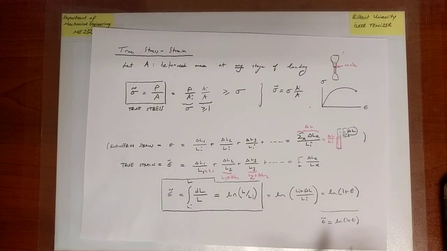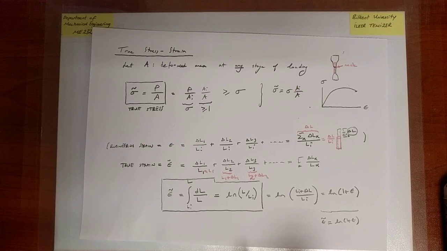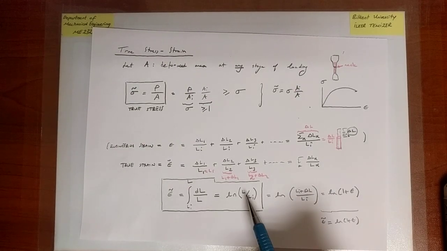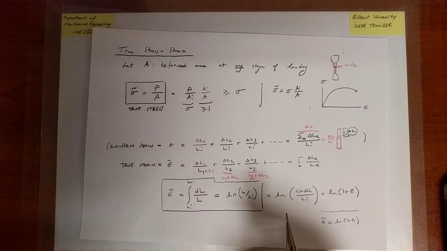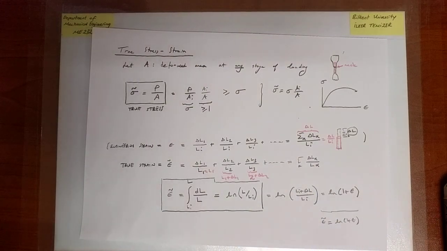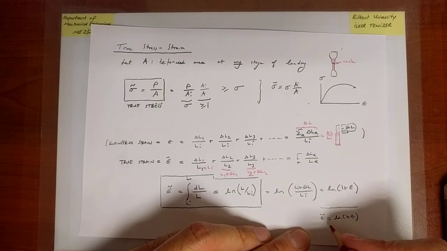It's not hard to derive if you don't exactly remember or memorize that relation. As soon as you know the definition for true strain, then you can easily get to that one. Okay. Now it turns out that this relation is valid up to necking.